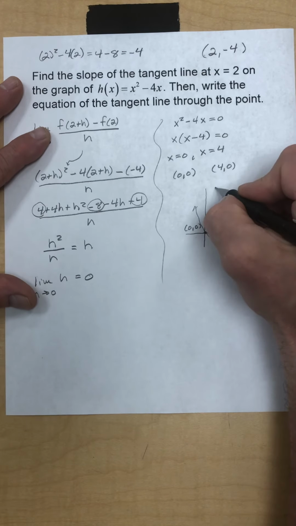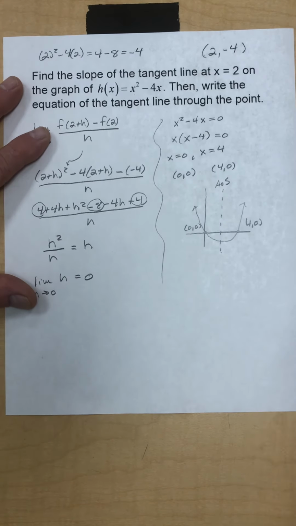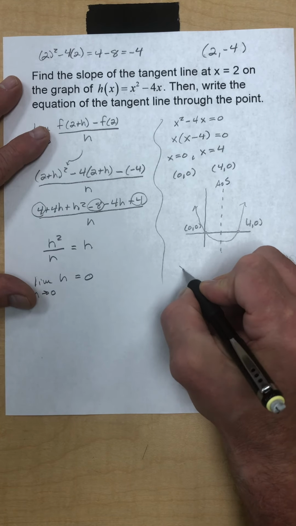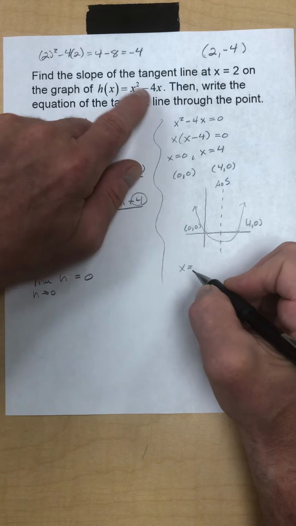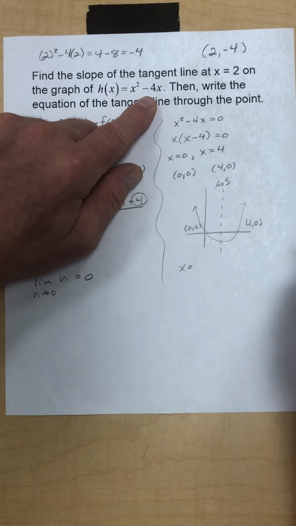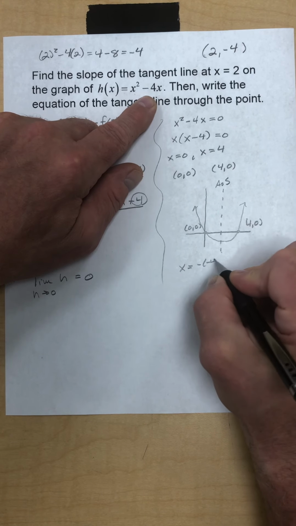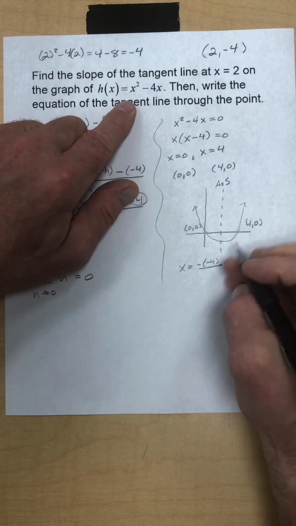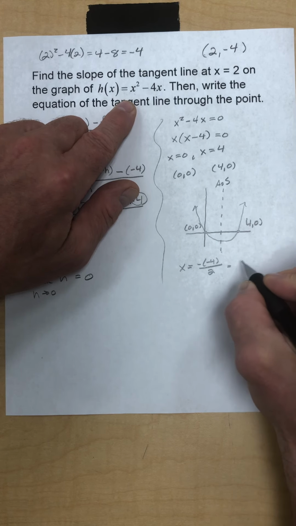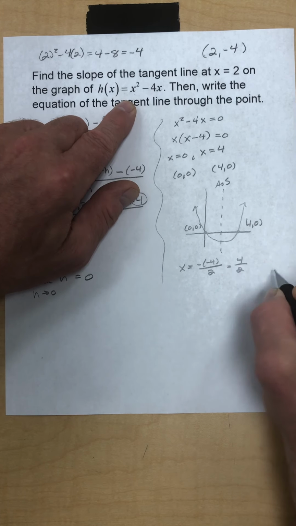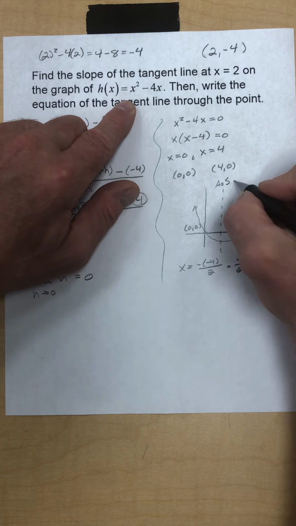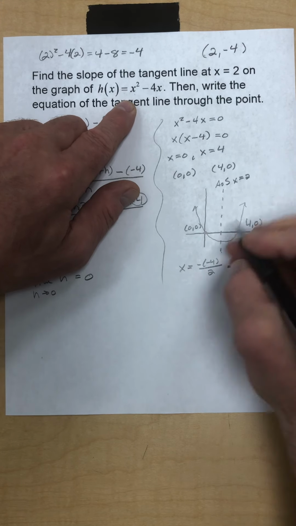My axis of symmetry is where x equals the opposite of b, the opposite of -4, over 2 times a, so that's 2 times 1. So I'm getting 4 over 2, which is 2. My axis of symmetry happens at x equals 2.